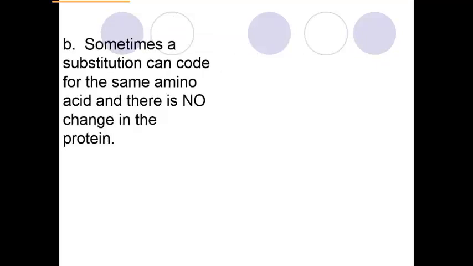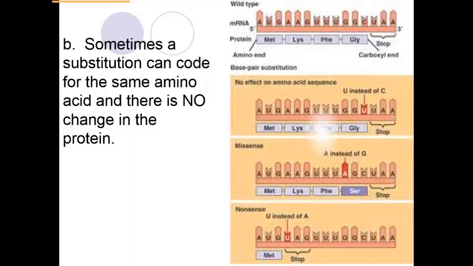Now there are a few different things that can happen when you have a substitution mutation. First of all, sometimes you could get the same amino acid and the protein isn't going to change at all. So that is a possibility. And if we take a look at this example, it's important to look at what we should have. So this is what we should have right up here: methionine, lysine, phenylalanine, glycine, and then a stop.